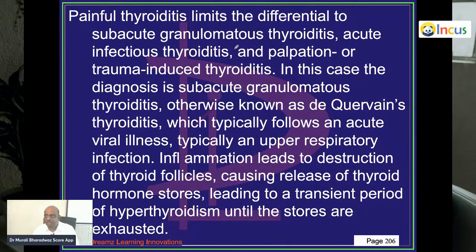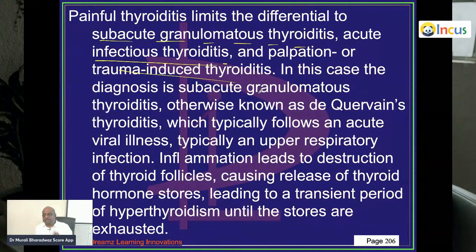Painful thyroiditis can be subacute granulomatous thyroiditis, otherwise called de Quervain's thyroiditis, infectious thyroiditis, or trauma-induced thyroiditis. So the patient will tell, doctor, I had a viral illness 2-3 days ago. After that upper respiratory infection, I'm developing this severe neck pain, doctor.